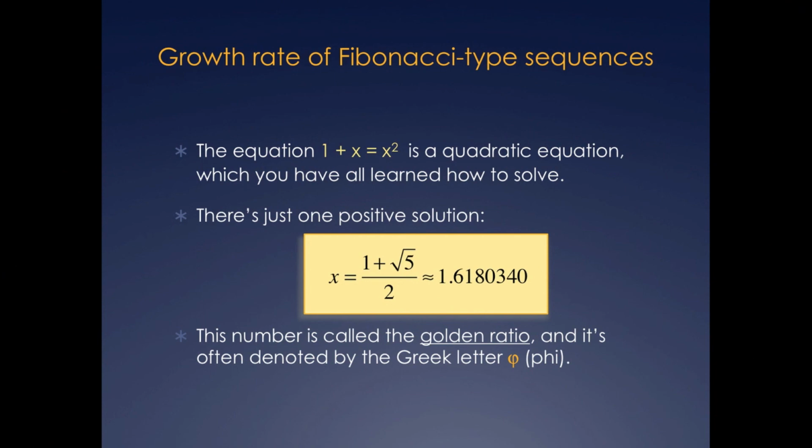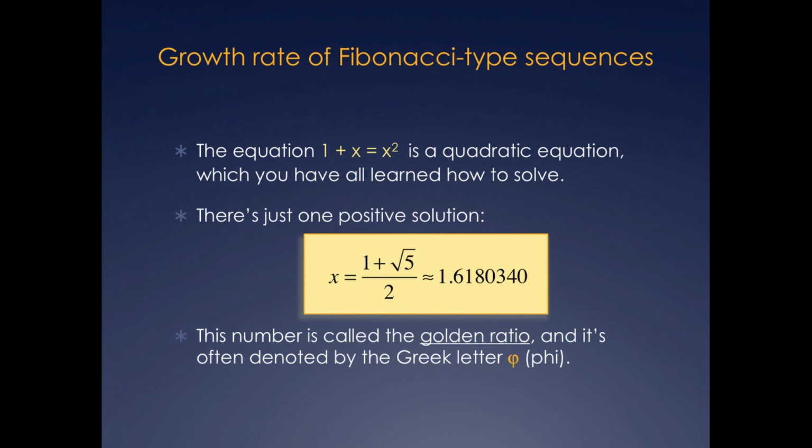Of course, I've used letters a, b, and c. What do they stand for? Well, they're the coefficients in the equation. So in our particular equation, when you write it with all the terms on one side, a is 1, b is negative 1, and c is negative 1. So you can just plug those numbers in, and you come up with what I'm showing you in the box there, namely x is 1 plus or minus square root of 5 divided by 2.